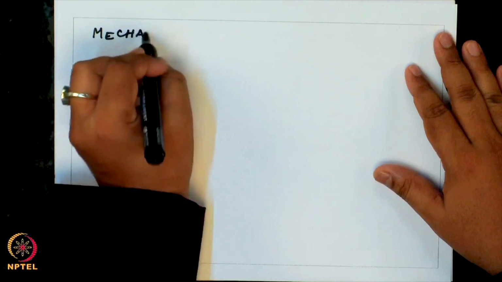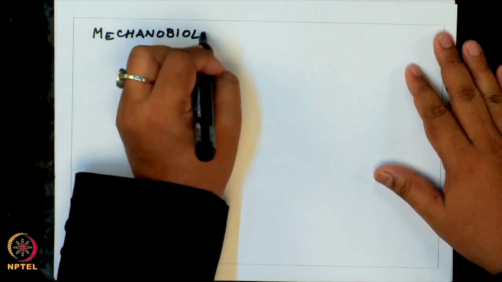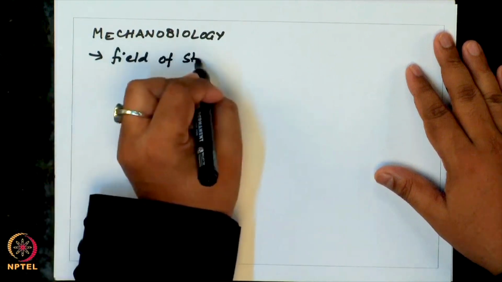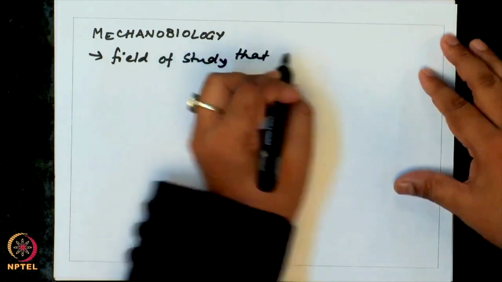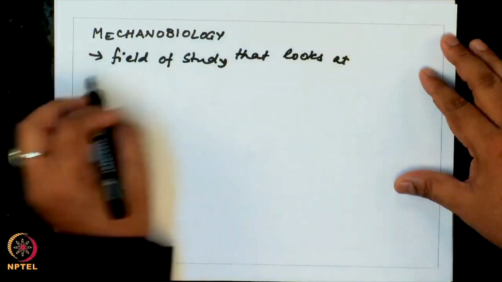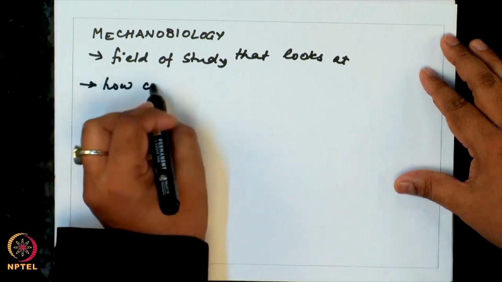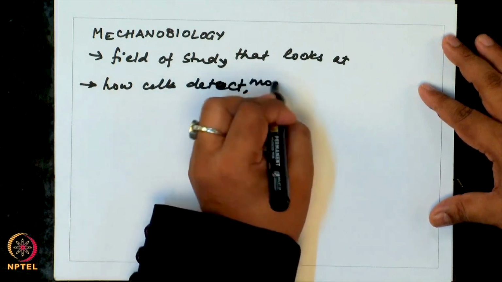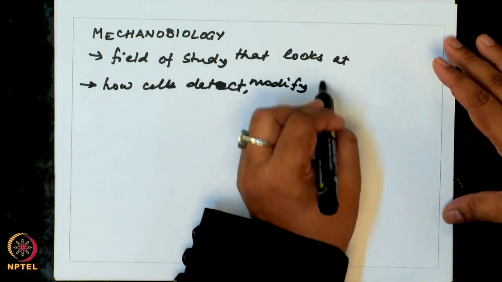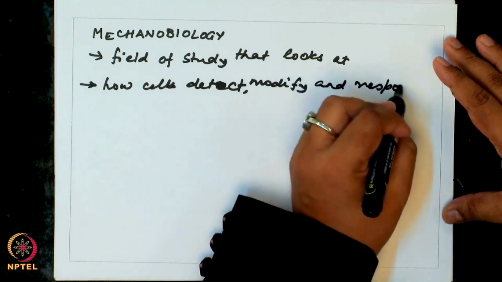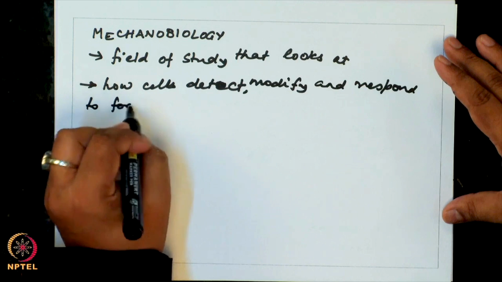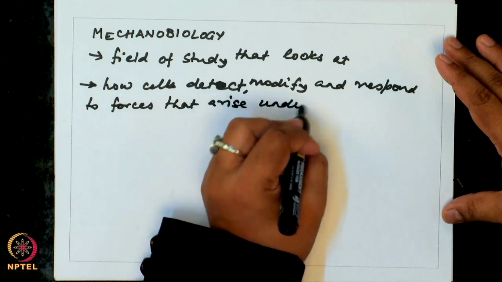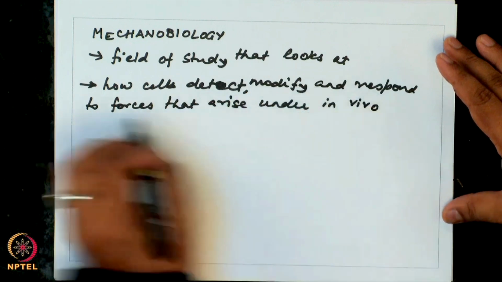Okay. So, to summarize, mechanobiology is a field of study that looks at how cells detect, modify and respond to forces that arise under in vivo circumstances.